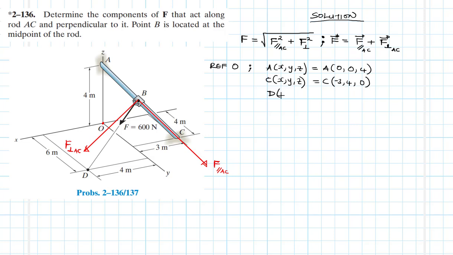And then D, we have X, Y, Z, with the following information: 4, 6, 0. So let's write the position vectors.